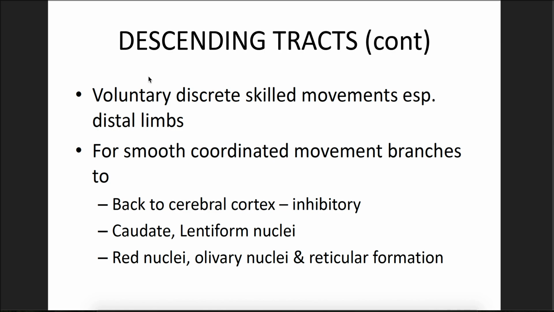So, when it's coming down, the corticospinal tract will give inhibitory fibers back to the cerebral cortex. It will also communicate with the basal ganglia, the caudate nucleus, the lentiform nucleus, and it will also have connections with the red nucleus, the olivary nuclei, and the reticular formation. This is all done so that smooth, skilled and controlled movement can take place.